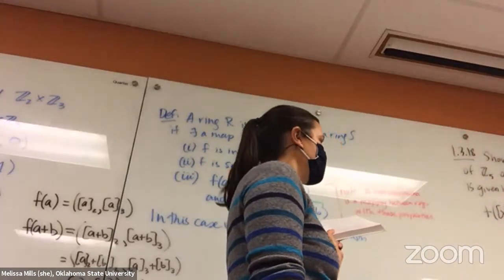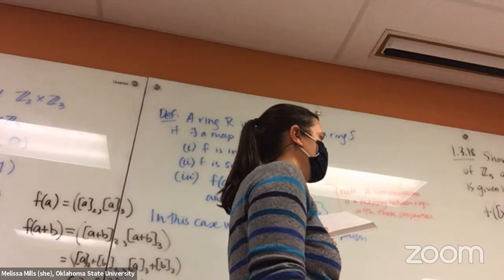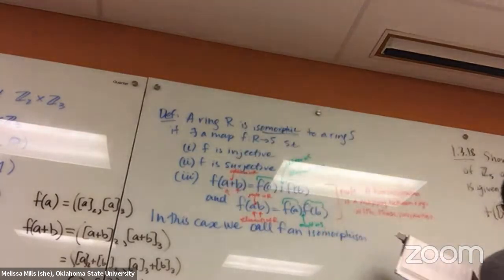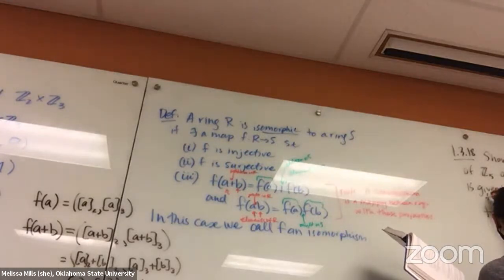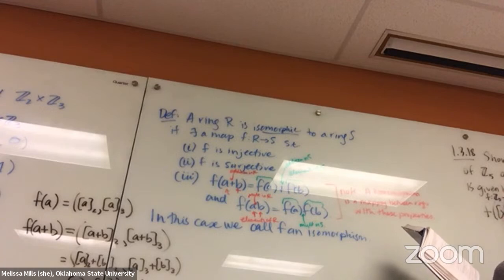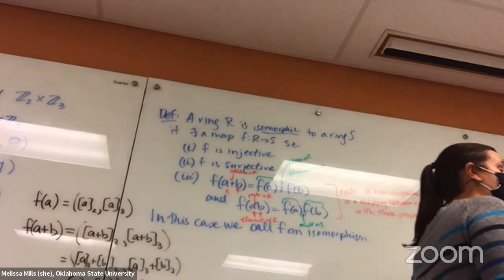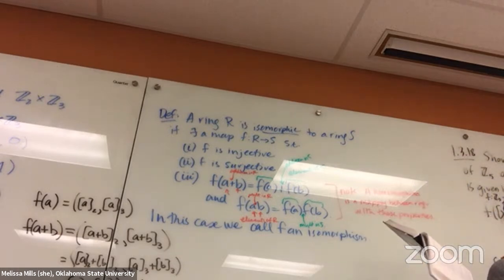And so that was the mapping you were describing. This function goes from Z mod 5 to this set 0, 2, 4, 6, 8, right?